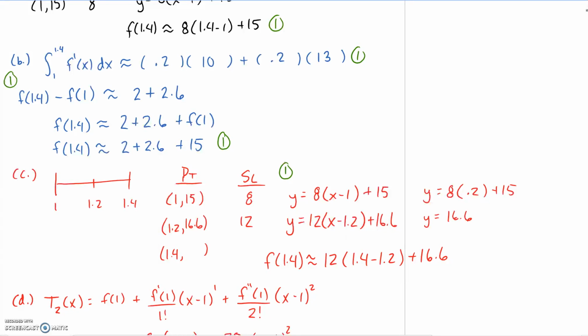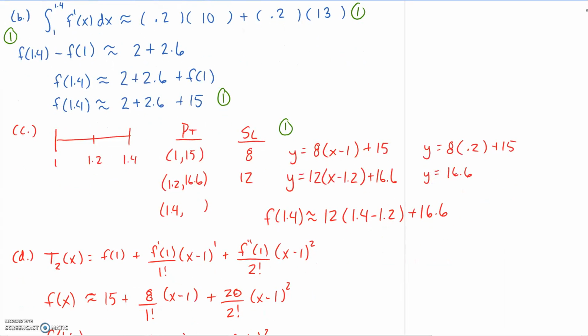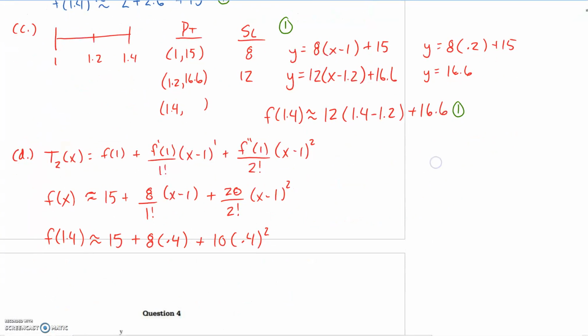So just showing that we knew how to use Euler's method was a point. And then that final approximation for f of 1.4 from Euler's method was another point. 1 point for writing the Taylor polynomial, and 1 point for using that Taylor polynomial to approximate f of 1.4.